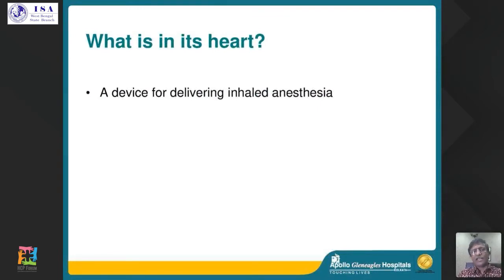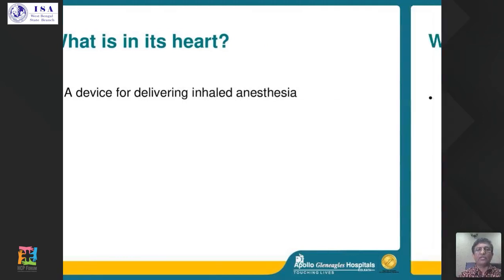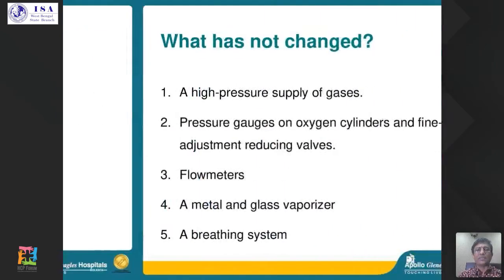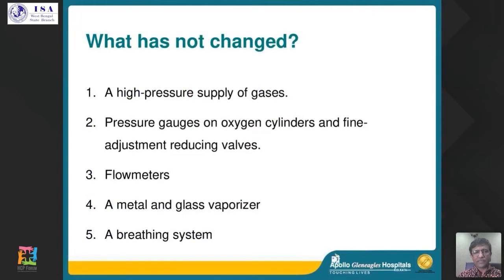But what is in the heart of this workstation or anesthesia machine? It is a device which is for delivering inhaled anesthesia. Mind you, this is the bottom line. That machine is designed to deliver inhaled anesthesia. And what has not changed over the last many decades is that the original Boyle's machine had 5 elements which are still present in the modern machine.